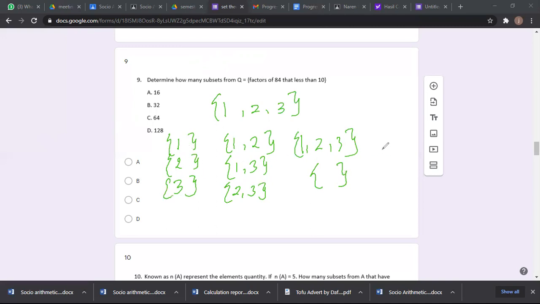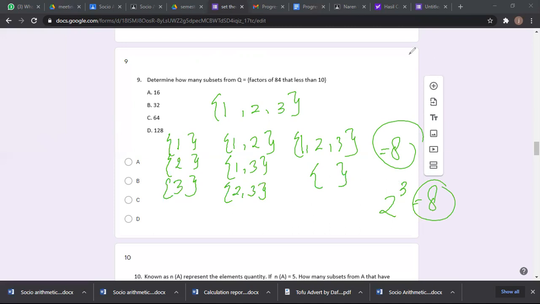If we count it, the total is 8. It's the same as 2 to the power of 3, which is 8. So we can list them one by one like this, or we can just use this formula.